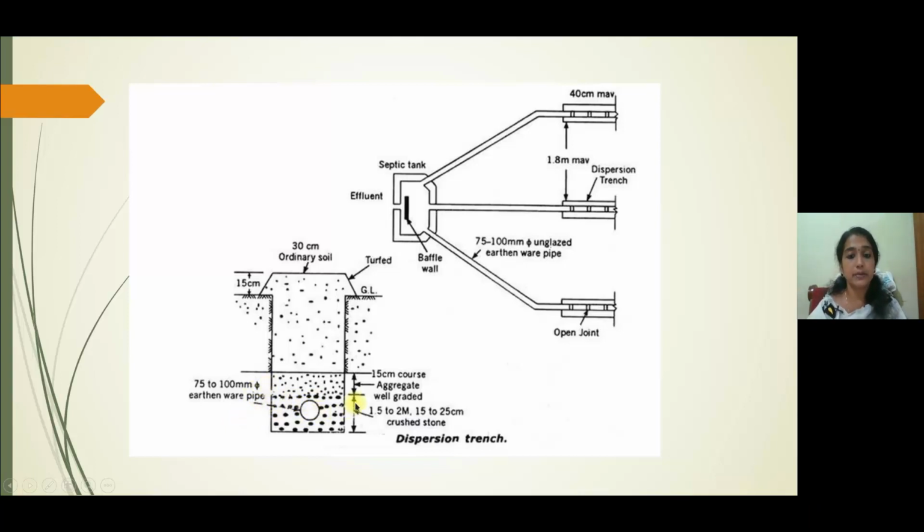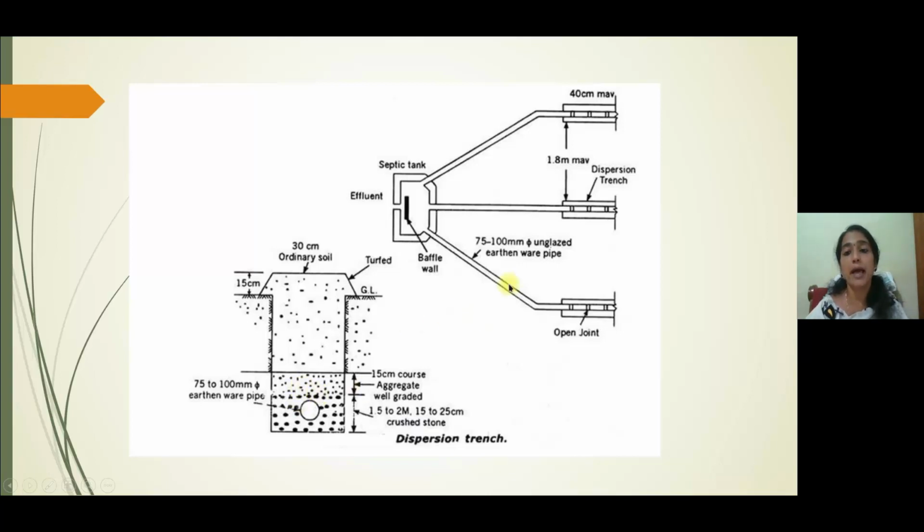The dispersion trench is filled with 15 centimeter of coarse aggregate, and well-graded or crushed stone aggregate is filled up to 15 to 25 centimeter.